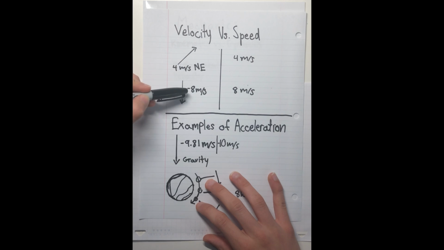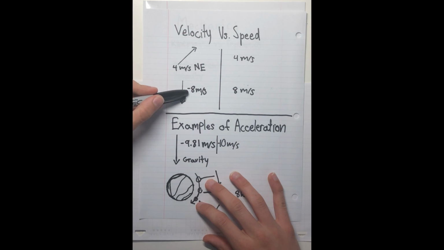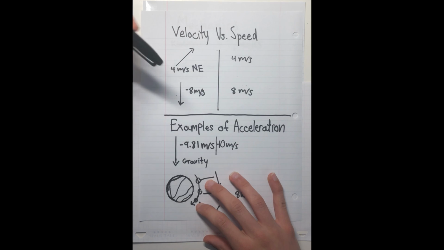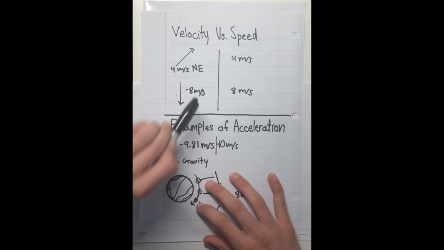Most of the time in physics, you'll only be dealing with one dimension of travel, or a linear travel, right? So it'll either be positive 8 meters per second or negative 8 meters per second. So the negative is actually the indication of direction in this one. Instead of having a northeast, you just have a negative.